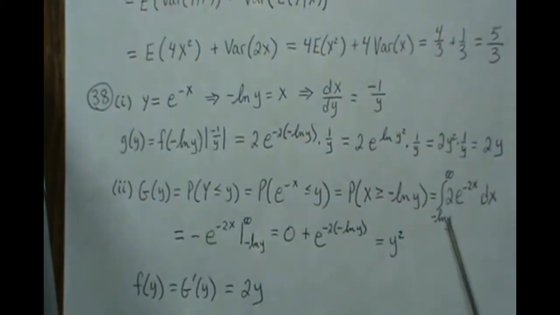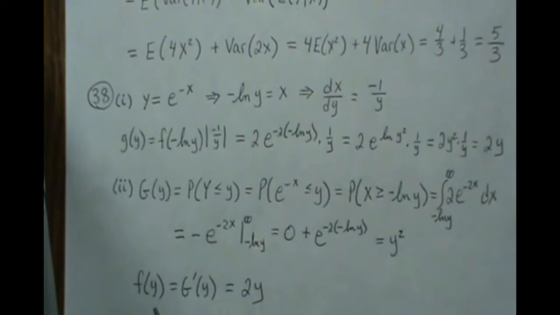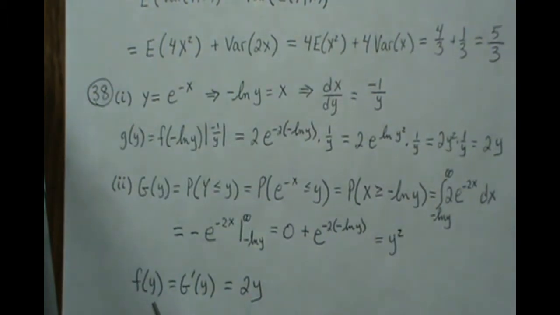Well, then that becomes the integral from minus log y to infinity of our density of x. Antiderivative, limits of integration, plug it in, you get y squared. So the density, or actually it's g of y, is the derivative of the CDF, which then becomes 2y, and that's the same answer.